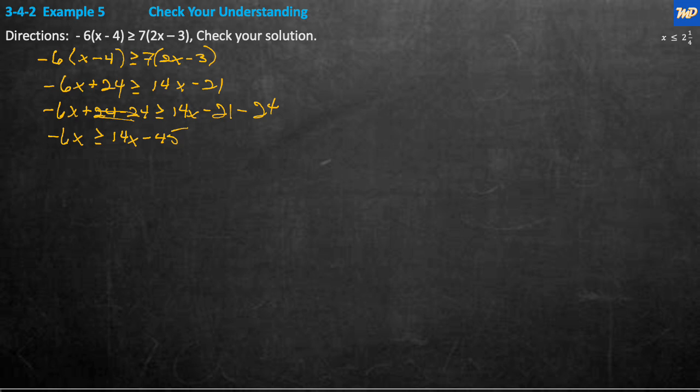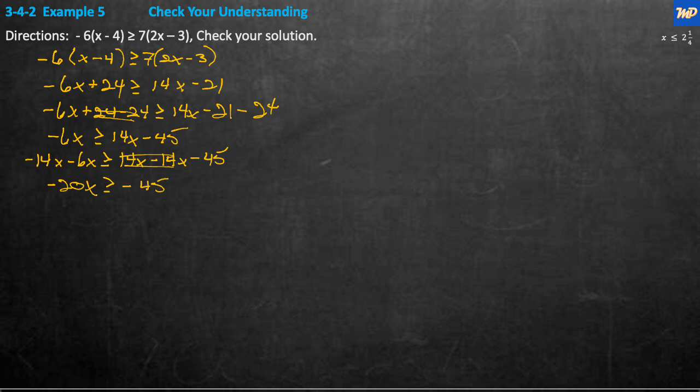Okay, so now we're going to get the x's together. So we're going to subtract 14x from both sides. So negative 14x minus 6x is greater than or equal to 14x minus 14x minus 45. The 14x's cancel each other out, and we add the 6x and the 14x on the left-hand side, and we're going to get negative 20x is greater than or equal to negative 45.